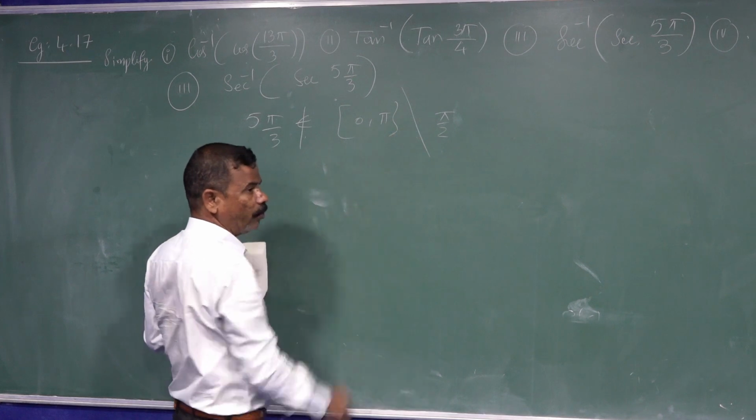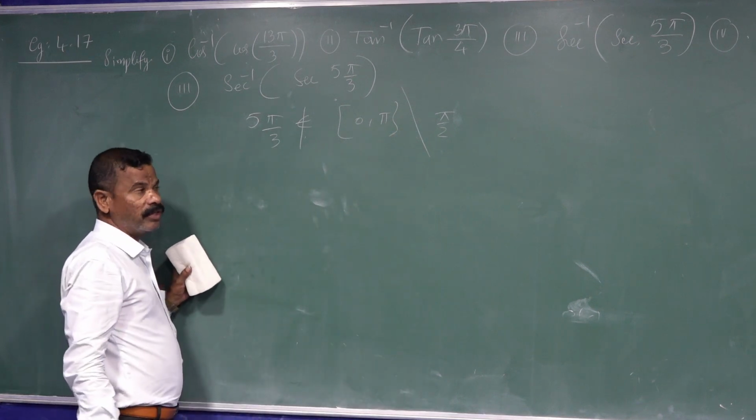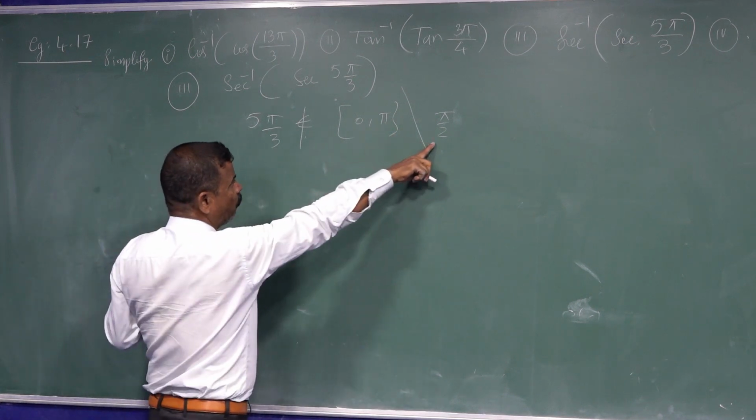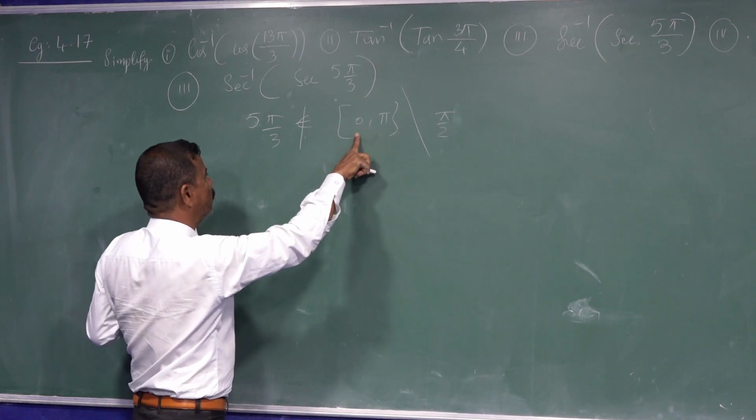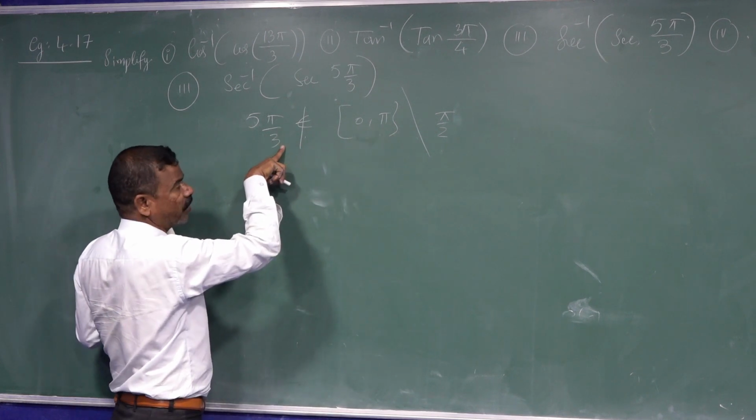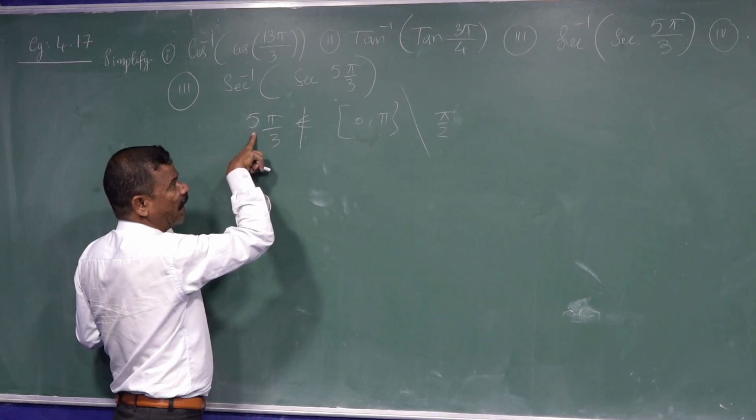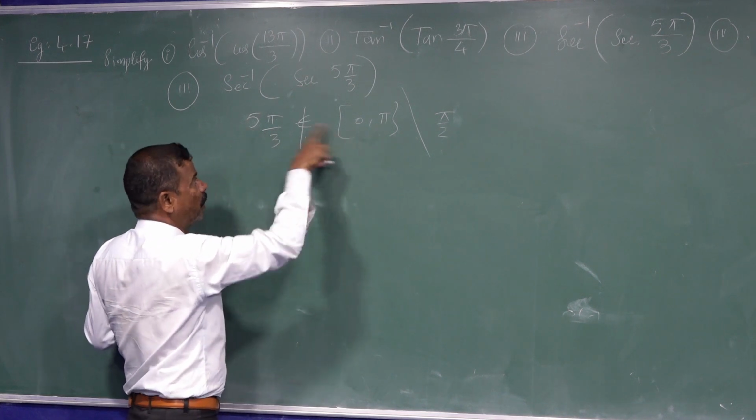This is the principal domain for this sec inverse. So except π/2, in between 0 to π, 5π/3 is not there. 60 into 5 is 300, but here 180 is the limit, it is above 180.